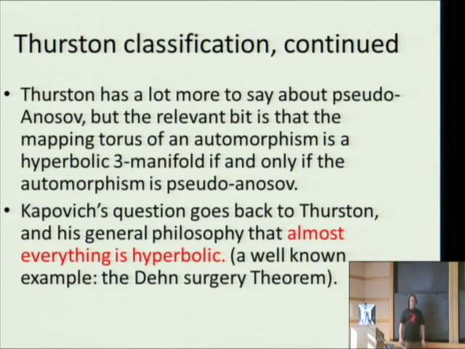And of course, hyperbolic 3-manifolds, as we all know by now, are very important for mankind in all kinds of useful applications. But anyway, there's a philosophy that Thurston had, which was that almost all 3-manifolds are hyperbolic.